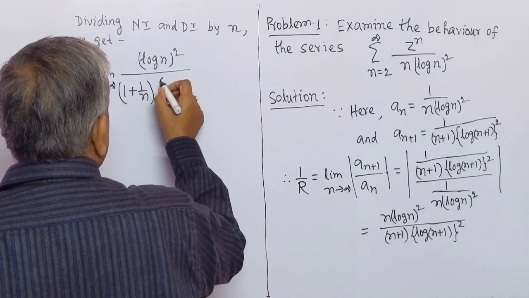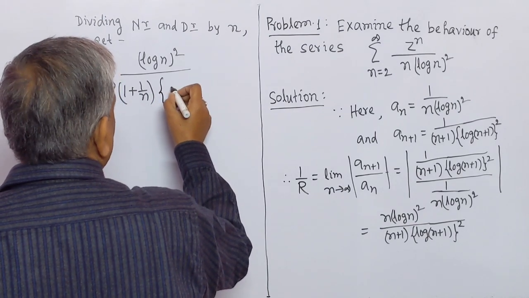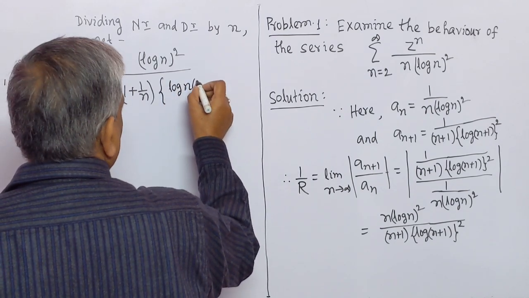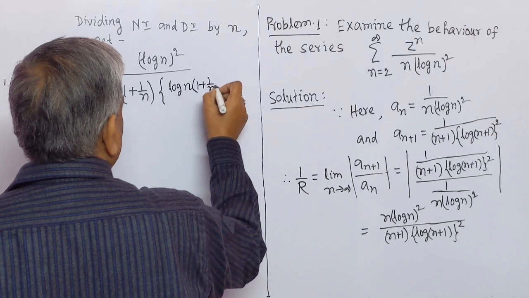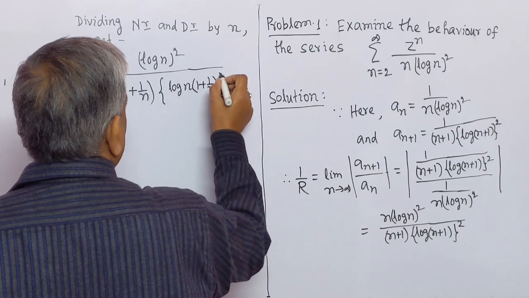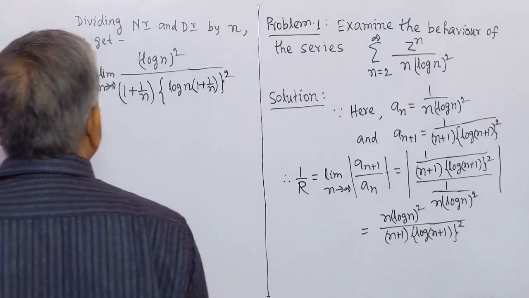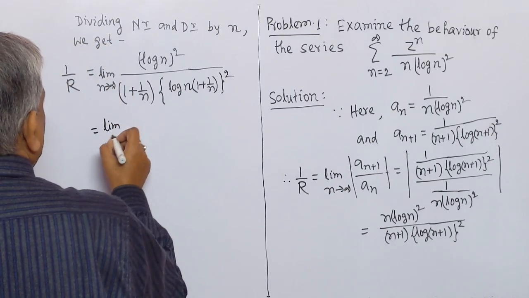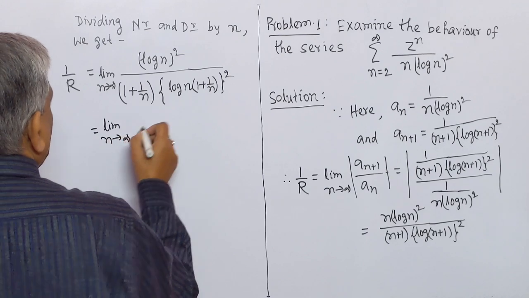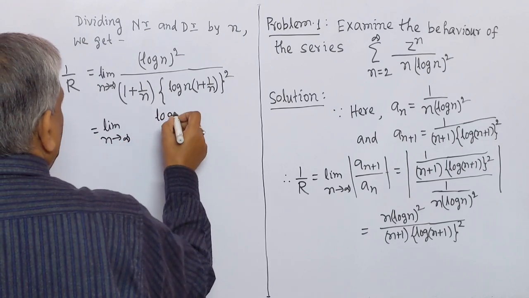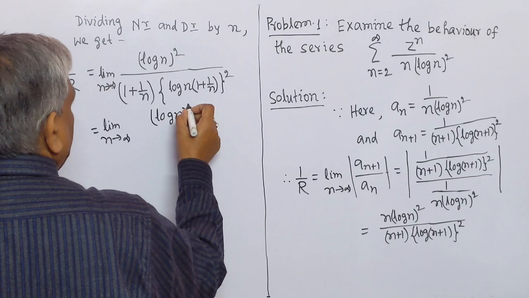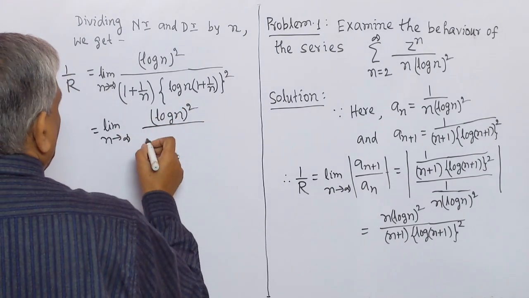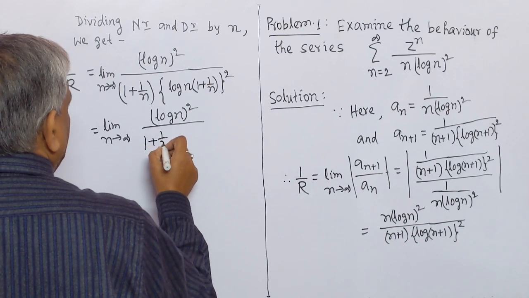Here we take common n, 1 plus 1 by n whole square. This is equal to limit n tends to infinity (log n) whole square by 1 plus 1 by n.